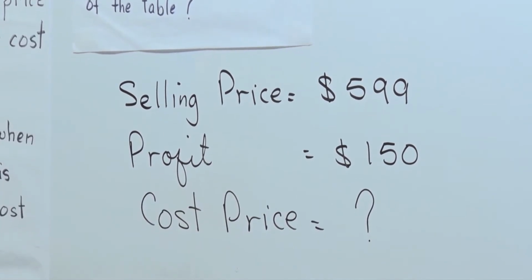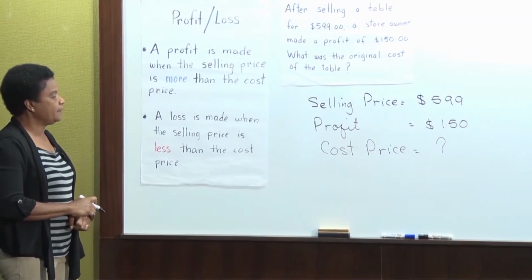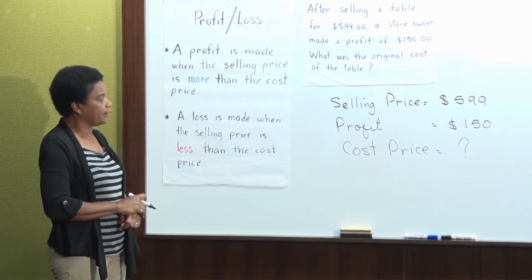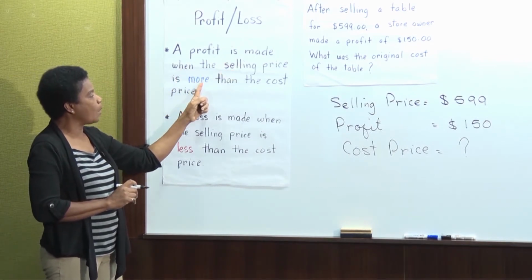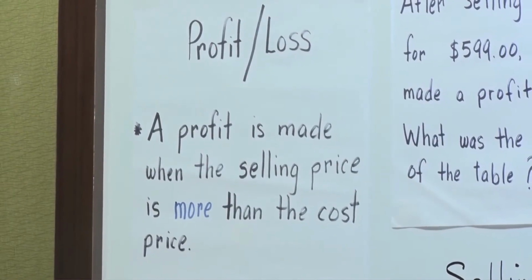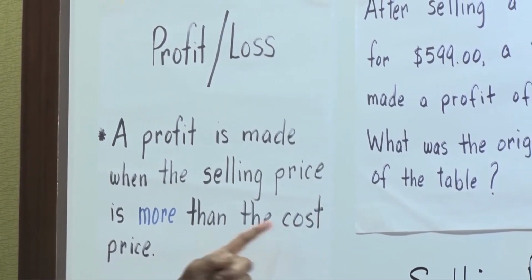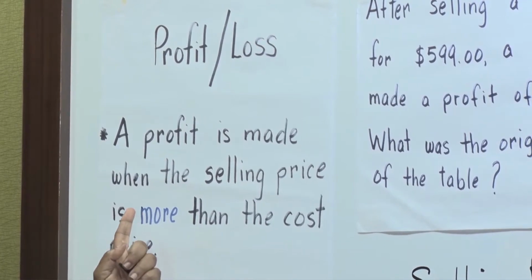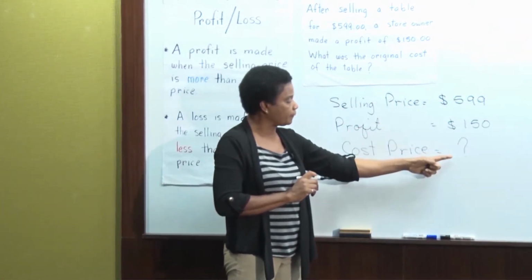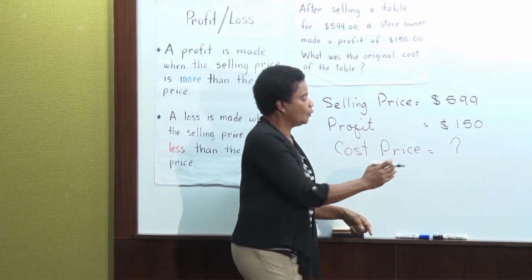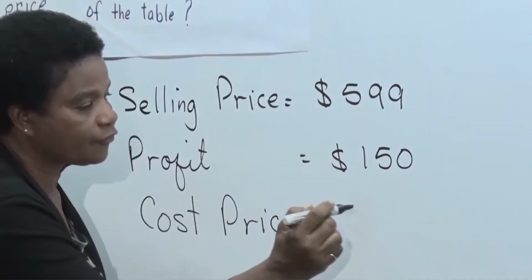Let's go back to our chart. If he made a profit of $150, then it means that the selling price is more than the cost price. In other words, the cost price would be less than the selling price. Therefore, to work out the cost price of this item, we will need to subtract.